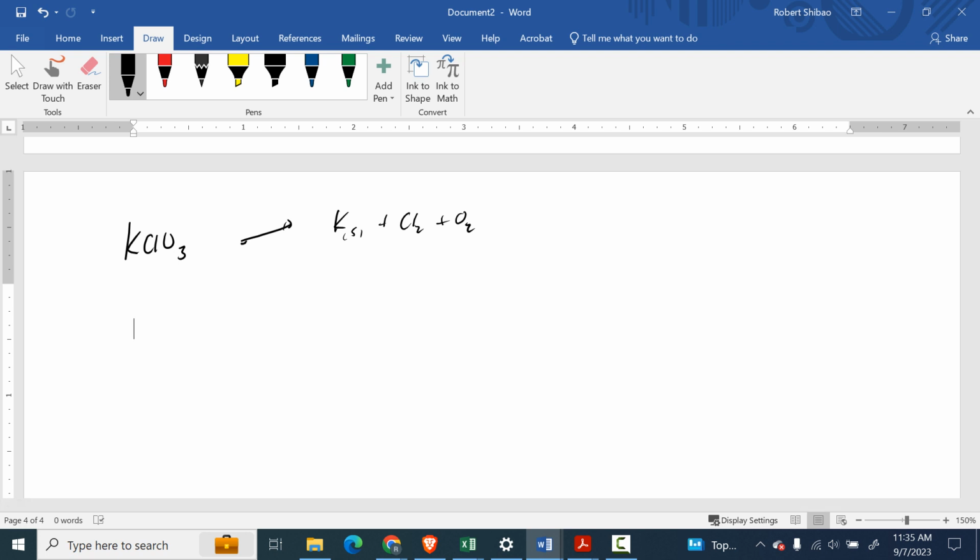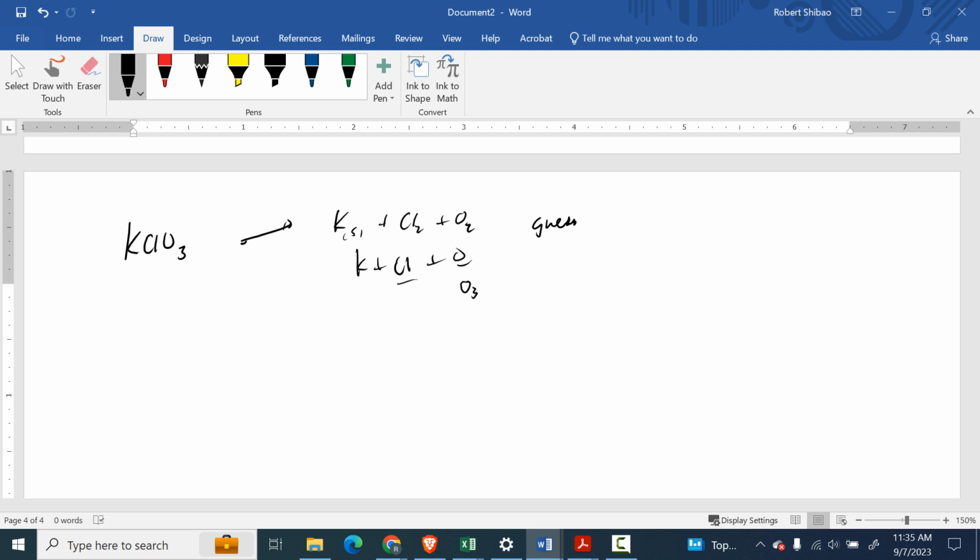So when we guess, though, we want to make sure that we're guessing things that seem reasonable. For example, some people will guess things like potassium plus Cl plus O. Atomic chlorine and atomic oxygen aren't reasonable because those are quite unstable at room temperature. Some people might guess ozone. Well, ozone is quite reactive.